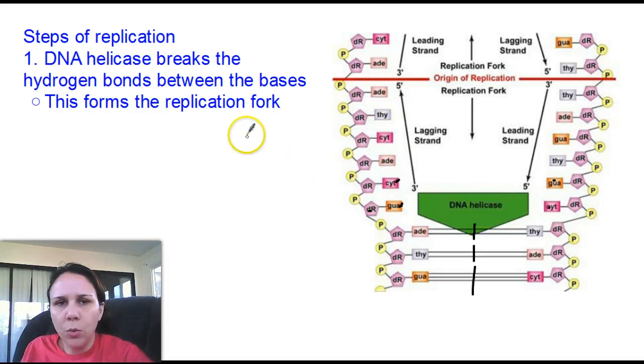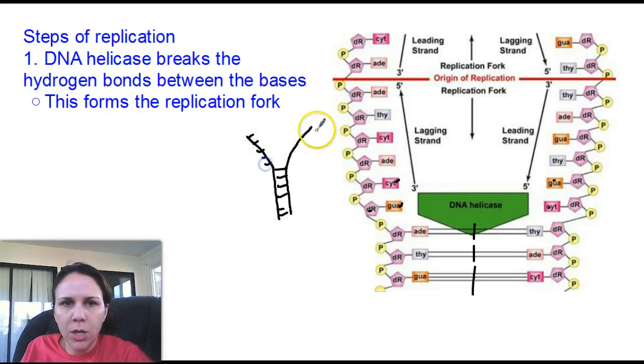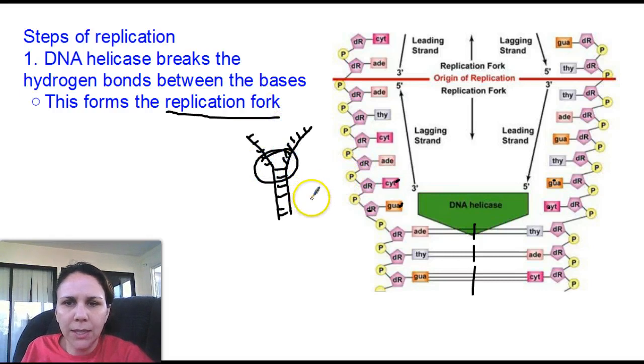This area where the DNA kind of looks like a Y or a fork in the road, we refer to that as the replication fork. So right here where my DNA is splitting, we call that the replication fork. Okay? And so here's our DNA strand.